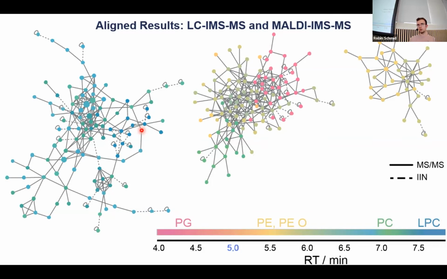By MS2. So CCS matching is currently not included, because then we would also have to predict the CCS values. The thing with the lipids is that you can say, okay, for this lipid class, I expect these fragments. And then you don't necessarily need a spectral library, because it's basically a rule set.